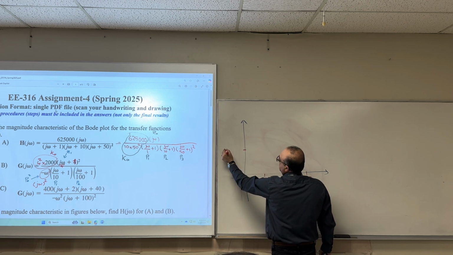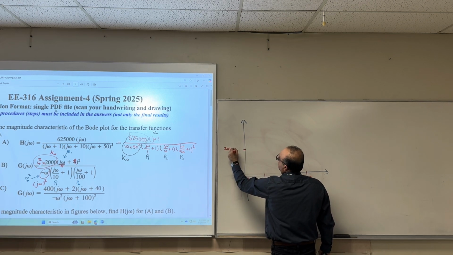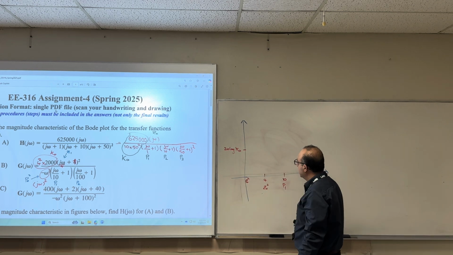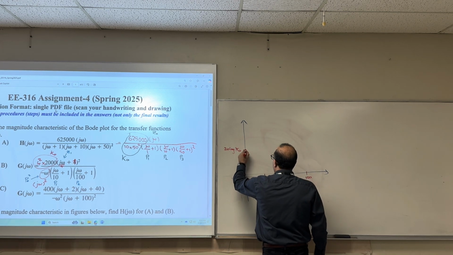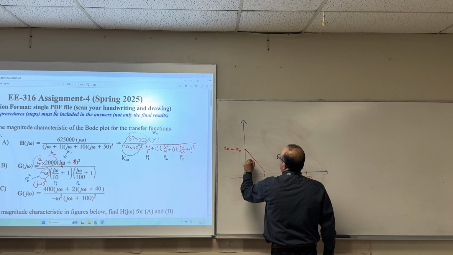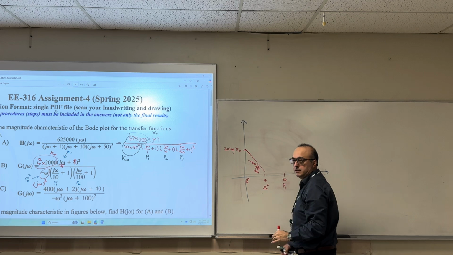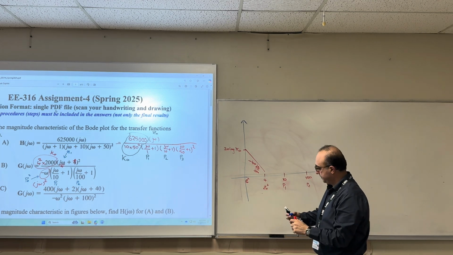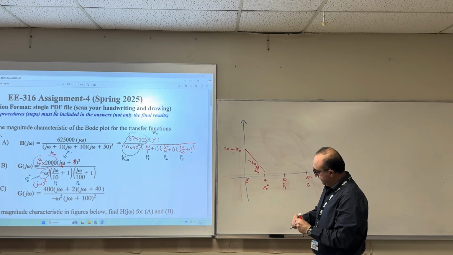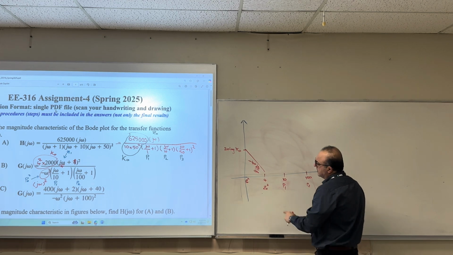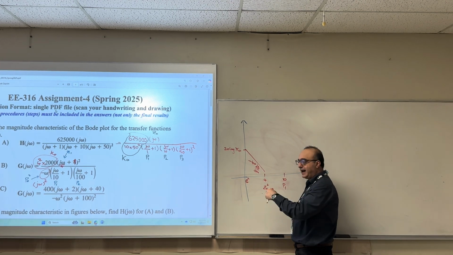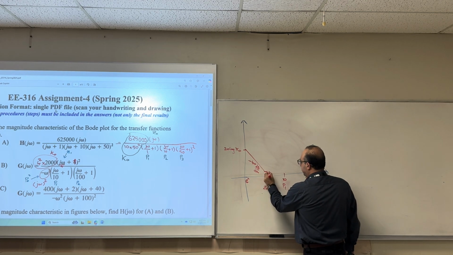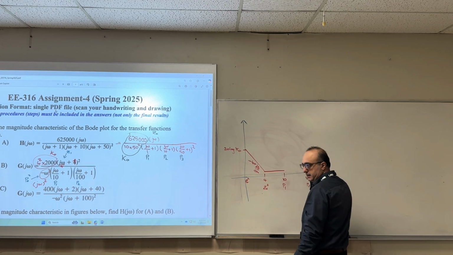We start at 20 log of K0. I have a pole here, it's going down. The slope of minus 40 dB per decade. Am I right? Here. Then at 4 I have 2 zeros. 2 zeros is plus 40, add to this. Then it's going to be flat up to the next.